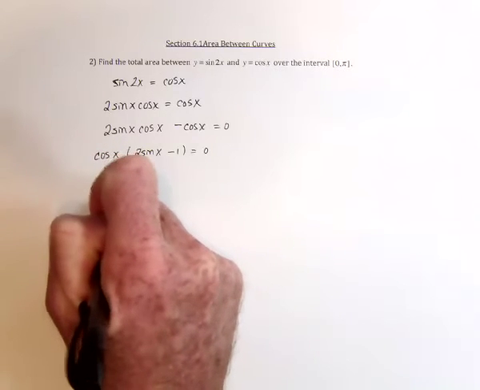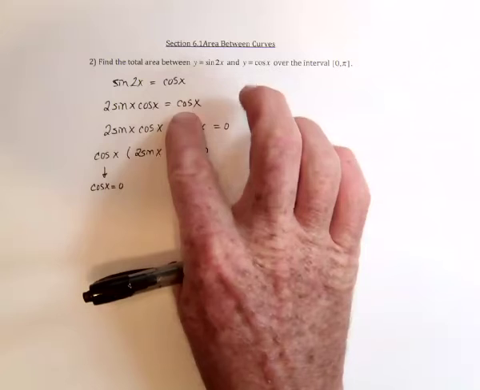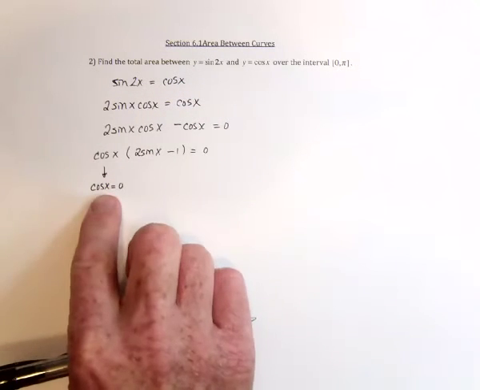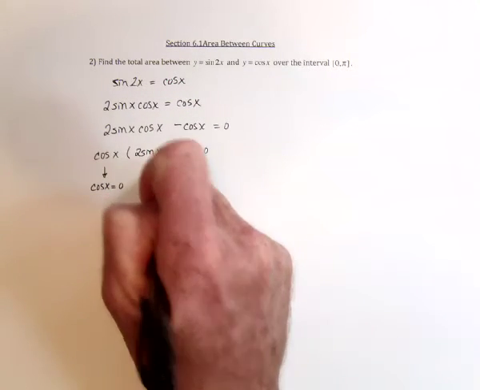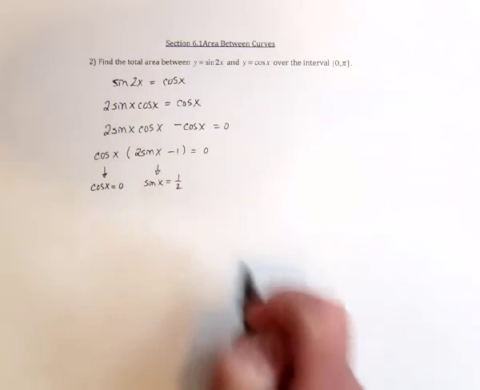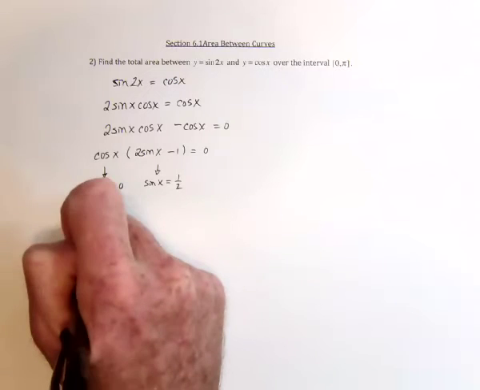So this right here takes care of that case. What if cosine was equal to 0? Back here when I said maybe you would think about dividing by cosine. But what if cosine's equal to 0? And then this one would say, when is sine equal to 1/2? So cosine equal to 0.